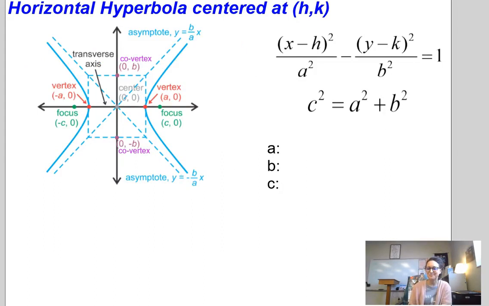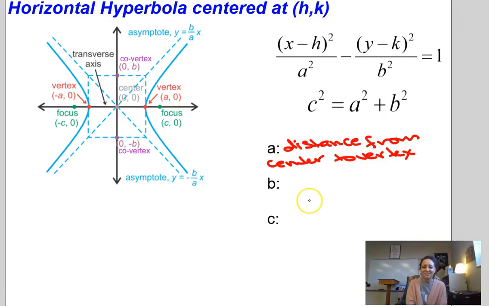Can you put please a, b, and c in your notes? And let's do some vocab here. So a is the distance from your center to your vertices. You go ahead and write that. So again, make sure you write that. a is the distance from the center to vertex.